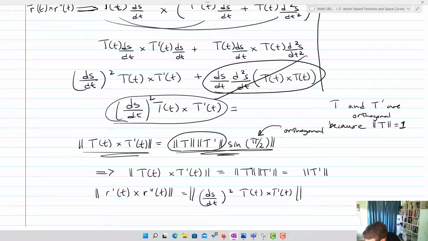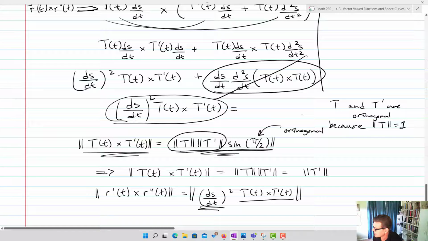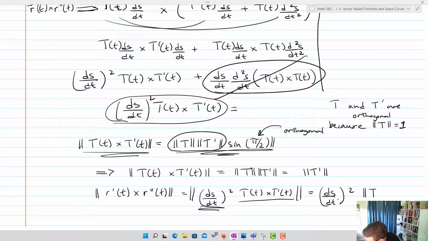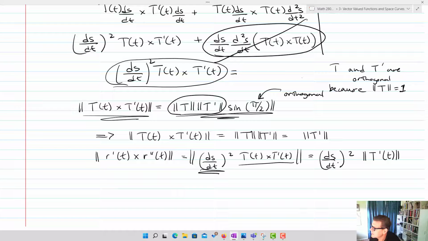Now here's our cross product. We could just pull the (ds/dt)² piece out, because that's simply a derivative. So that's (ds/dt)² times the magnitude of T'(t).